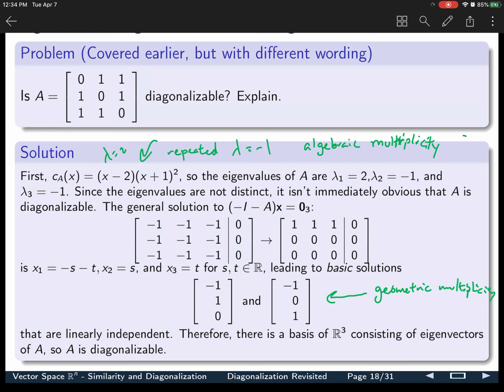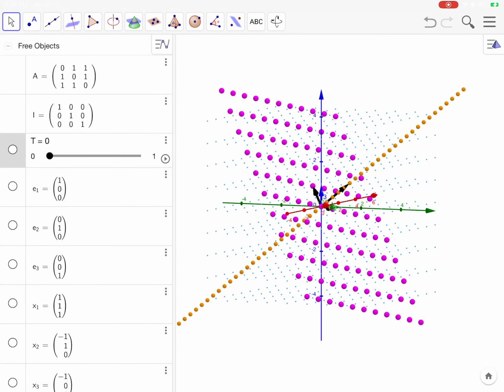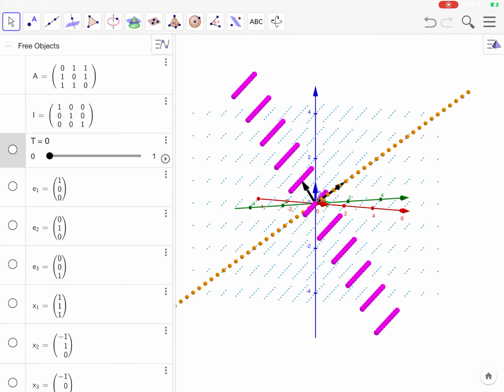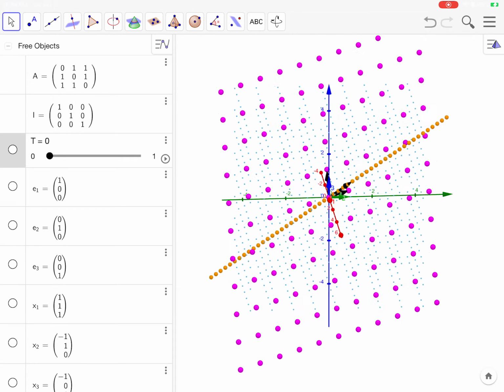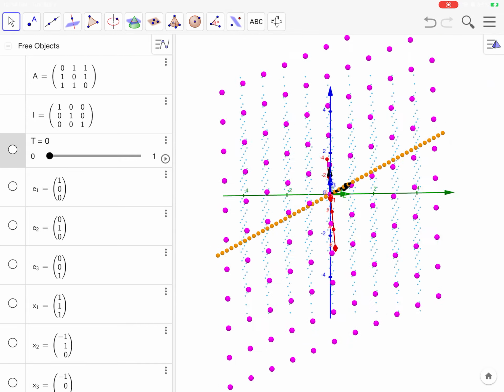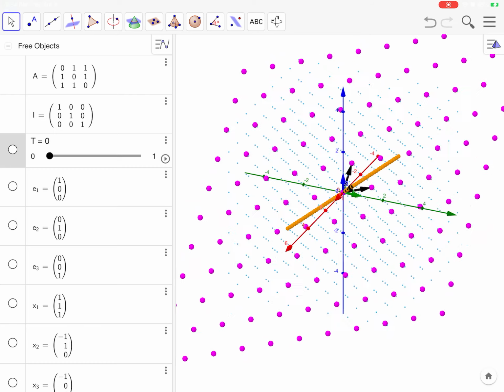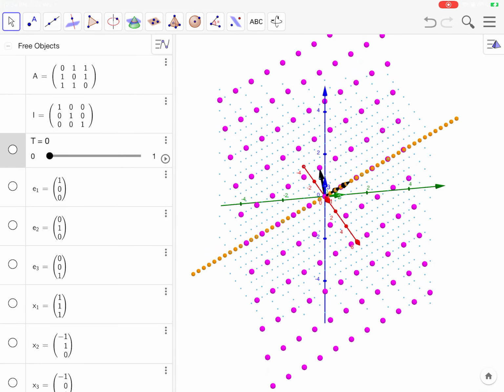Now, I promised you GeoGebra. Hopefully this is going to work. Yes. Okay. I know this is a lot. So, what are we looking at here? Well, we've got just our standard basis vectors there in red, blue, and green along the x, y, and z axis.